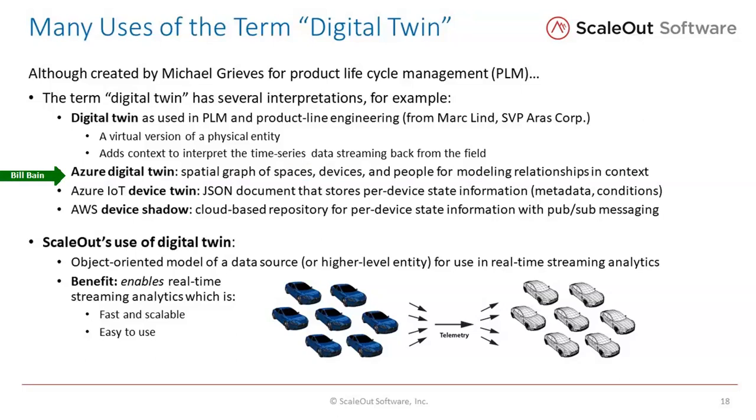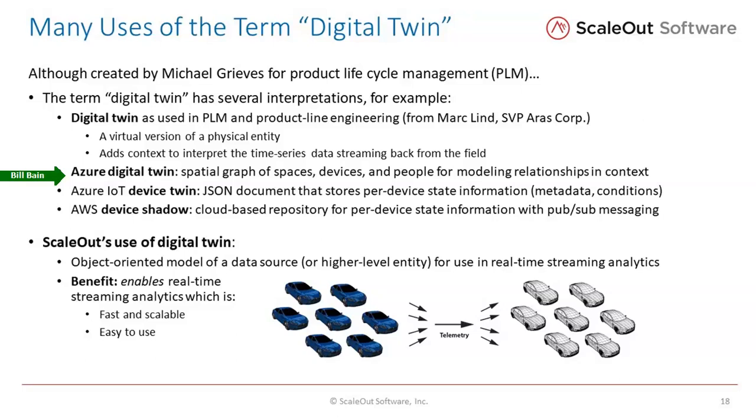And so it's not really thought of as an object-oriented construct which can have real-time analytics integrated into it. It's designed as a repository for per-device, per-source state information, so that it can be conveniently accessed.